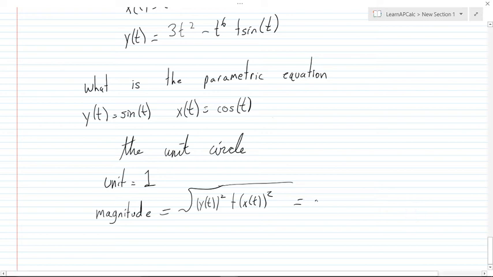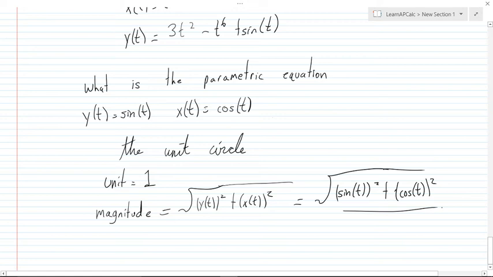So if I plug our values in here, I get sine of t squared plus cosine of t squared. And if you recognize this, this is our trig identity. This equals 1. So I have the square root of 1, or 1. And that's why it's called the unit circle. And we can see that in our parametrics that this is just equaling 1 the whole time.